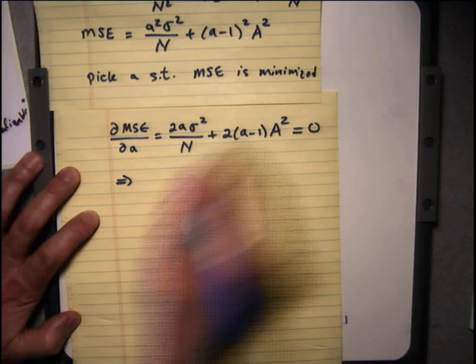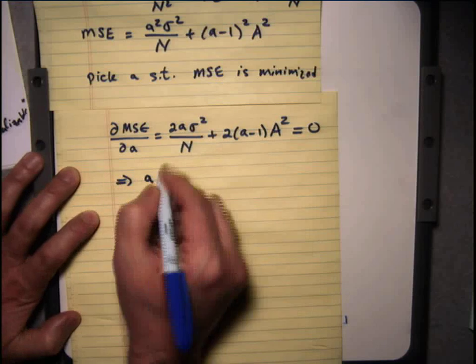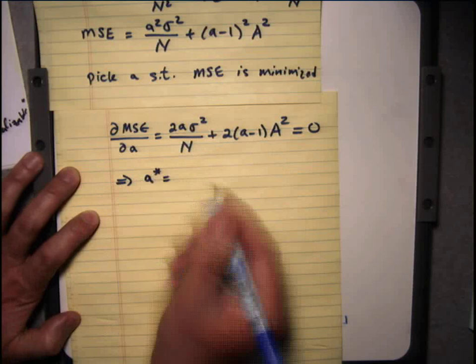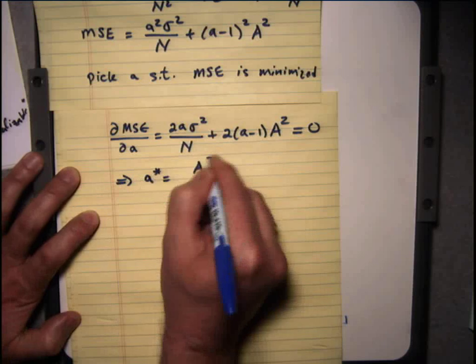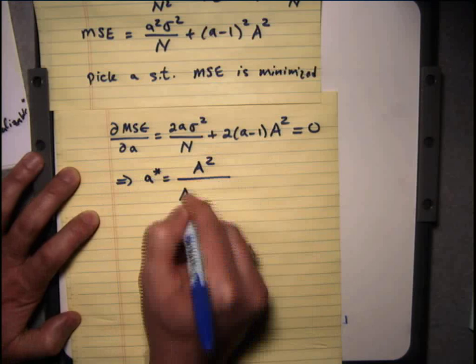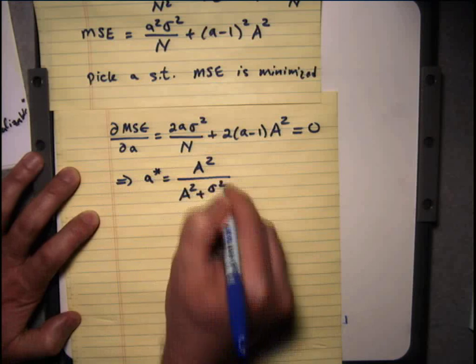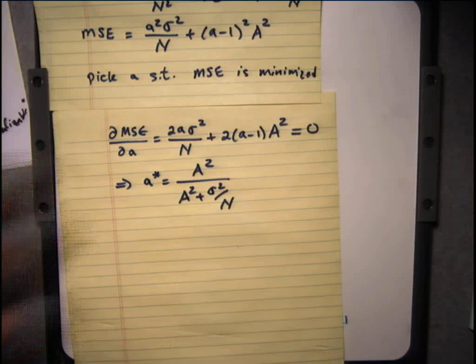Solve this for little a, and you get this a star, the optimum a, which is A squared over A squared plus sigma squared over n. Hey, looks great, right? This will minimize the mean squared error. Anybody see a problem with this? Yeah, it depends on capital A, which you're trying to estimate. It also depends on sigma squared, the noise energy.